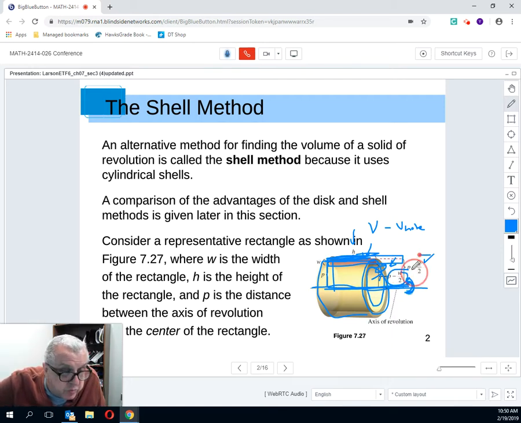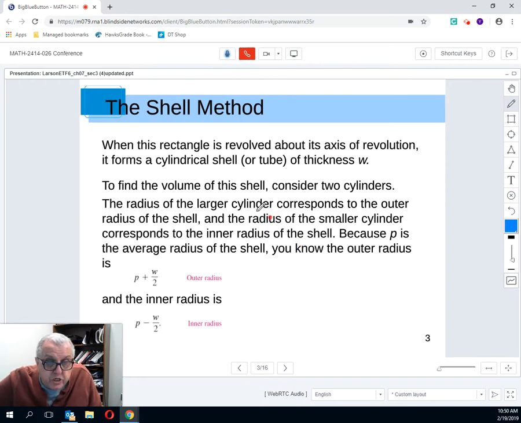So that's what they're looking at when we derive the equation. So the outer radius is half of the width plus P, and the inner radius is half of the width subtracted from P.